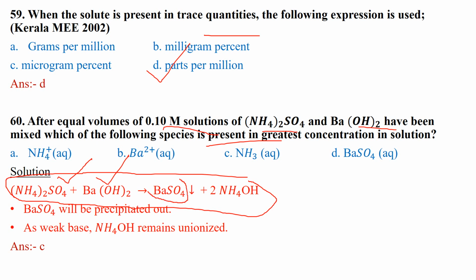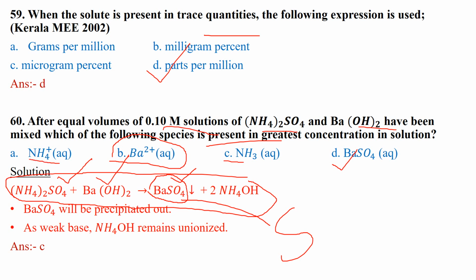This barium sulfate will be immediately precipitated out, means it is in the solid form. Then barium 2 plus in aqueous form will not be available. Then the greatest concentration in the solution will be of ammonia, NH3. Barium sulfate in aqueous form will not be available. It is in solid form because it is precipitated out.